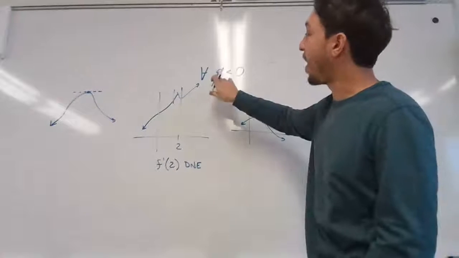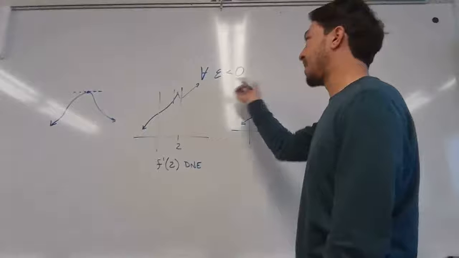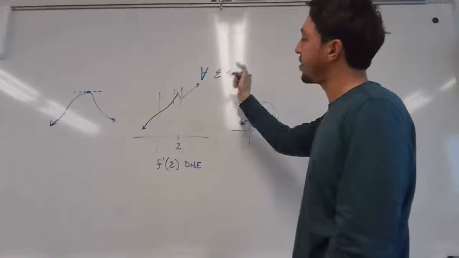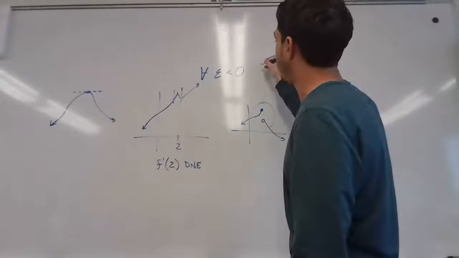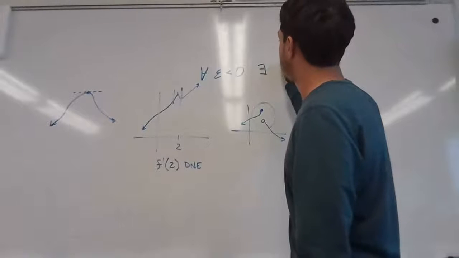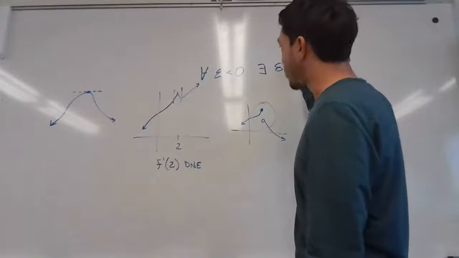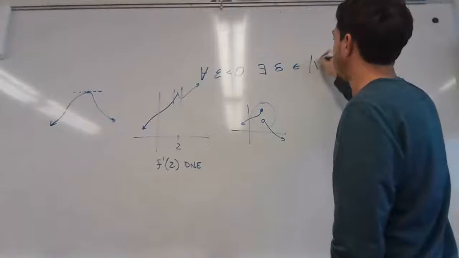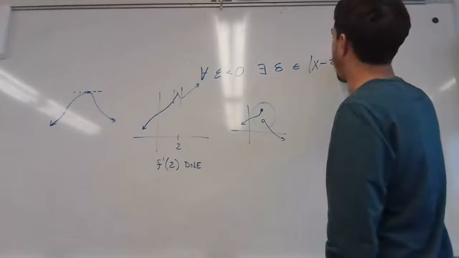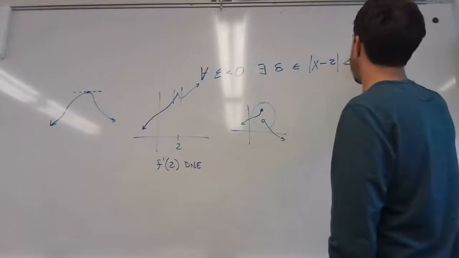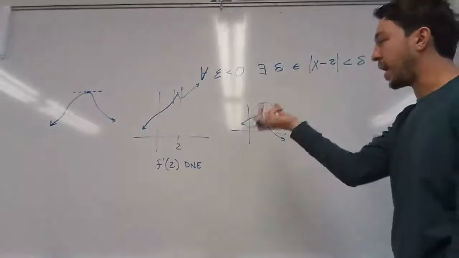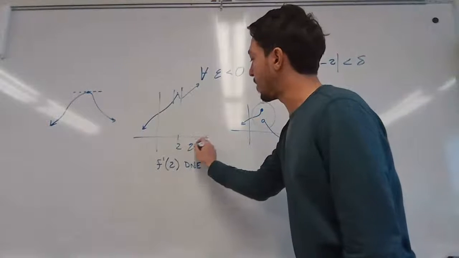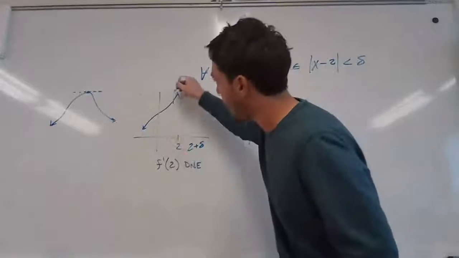So what they say is, for all possible positive values, there exists a delta such that for any x value within that space, so this would be 2 plus the delta and 2 minus the delta.